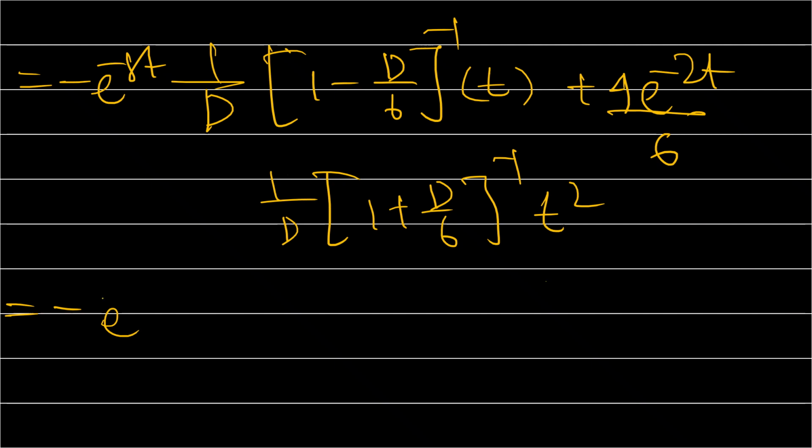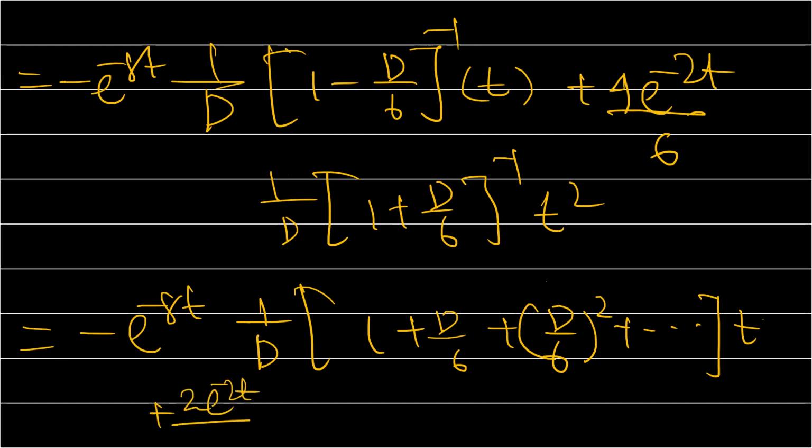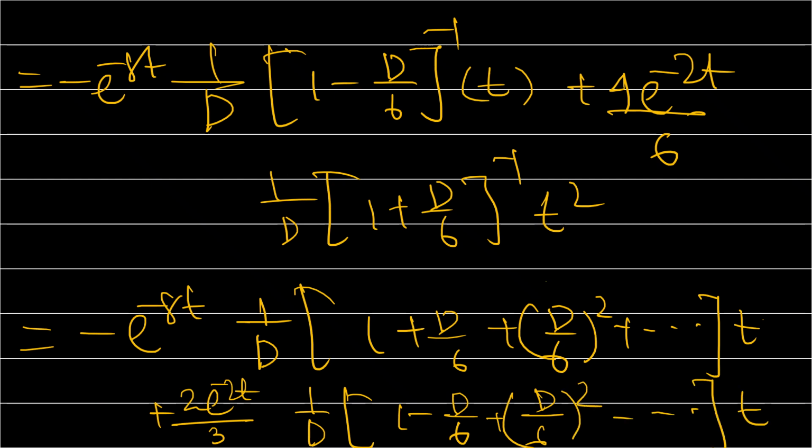So by expanding we will get e to the power minus 8t, 1 by D, whole into 1 plus D by 6 plus (D by 6) whole square, plus 2 e to the power minus 2t divided by 3, 1 by D, 1 minus D by 6 plus (D by 6) whole square, t square.